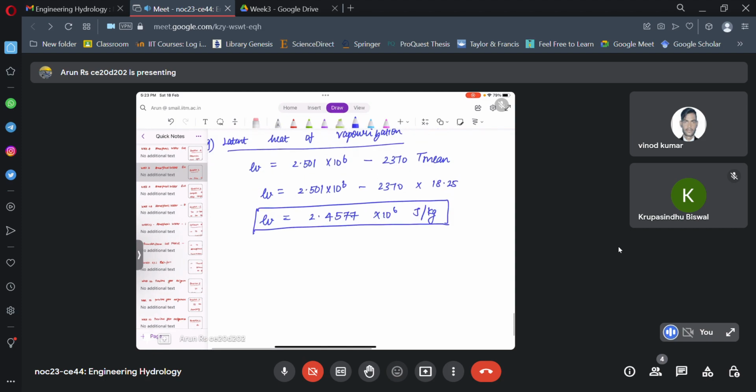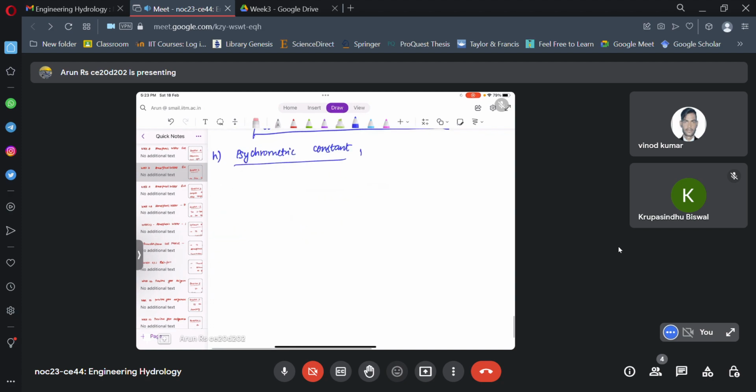Next parameter is the psychrometric constant, which is represented by gamma. In the previous question this was given directly. So gamma is equal to specific heat capacity into pressure divided by 0.622 into latent heat of vaporization.